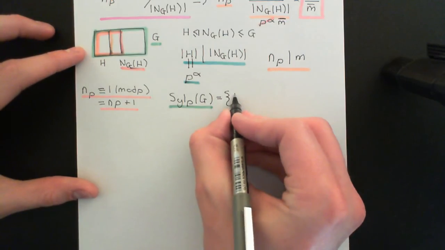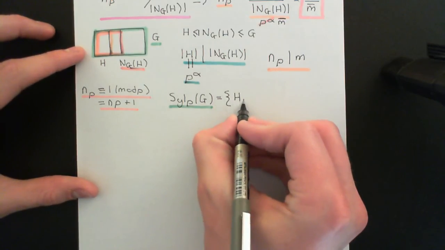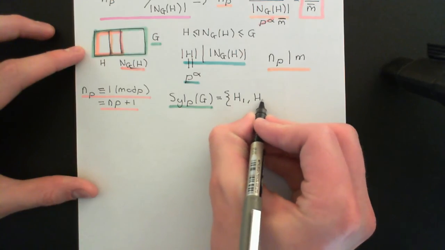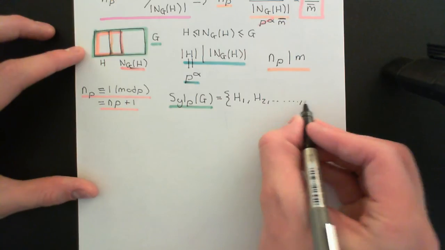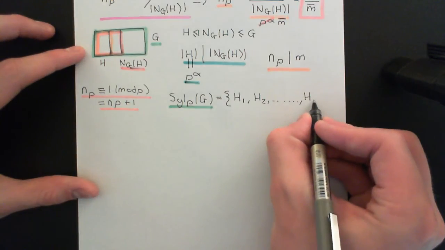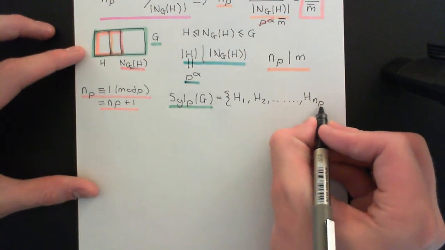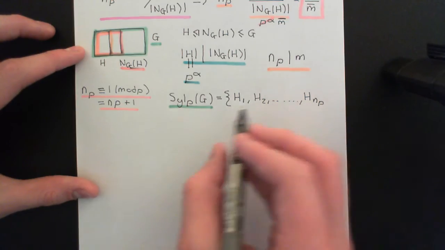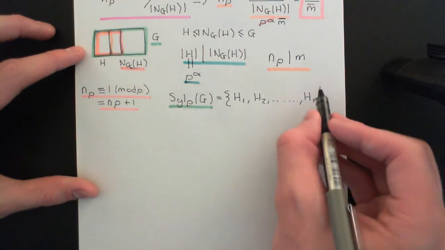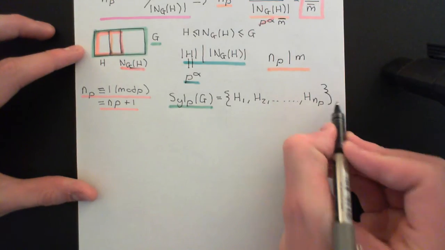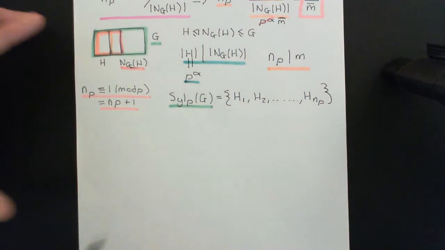We'll have the first Sylow p-subgroup here, then the second Sylow p-subgroup here, and it will go on and on all the way up to the nth Sylow p-subgroup. Remember, n_p is the number of Sylow p-subgroups, the order of this set basically. So here is that final one in this set. This is the new notation.